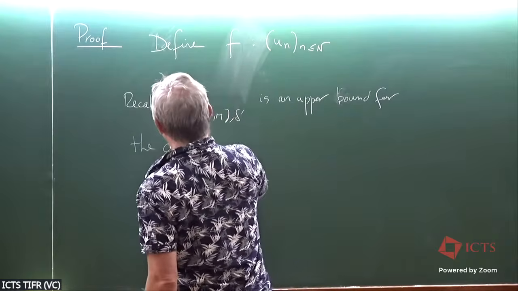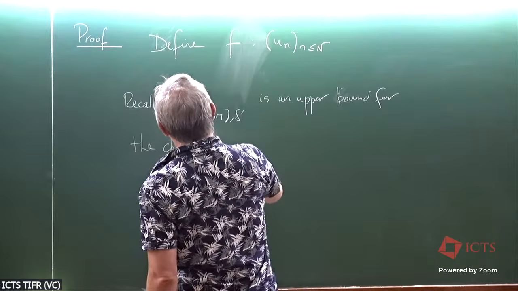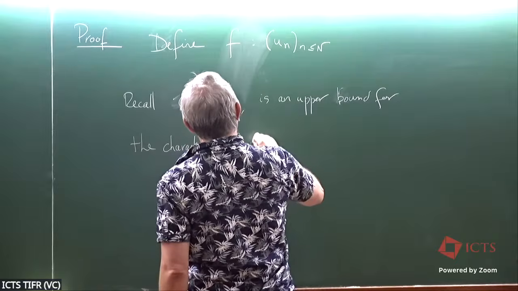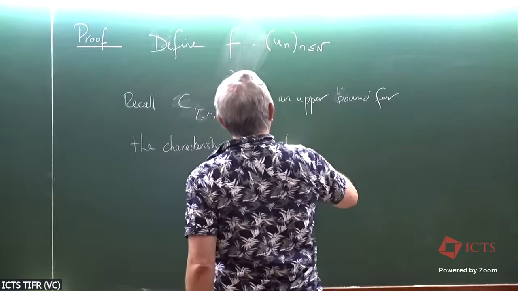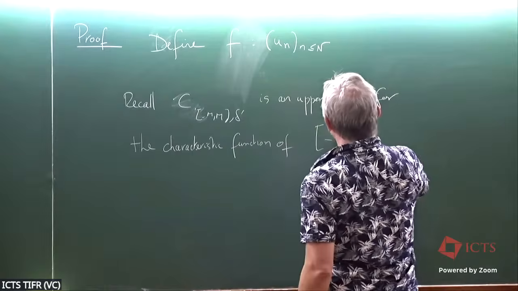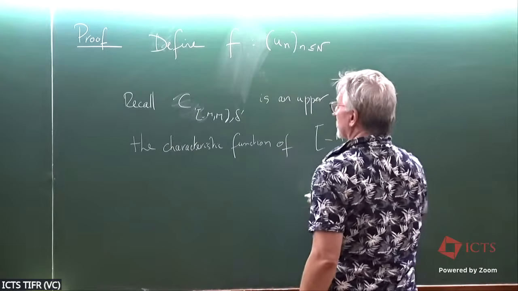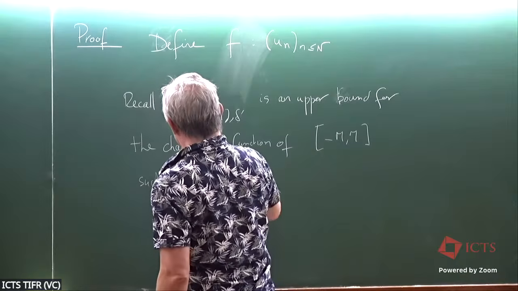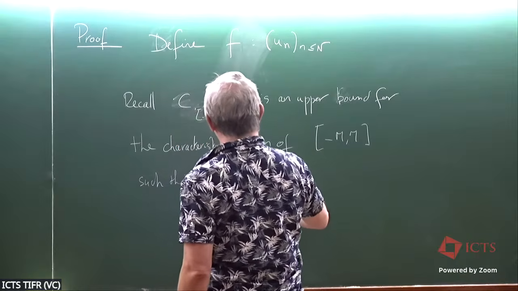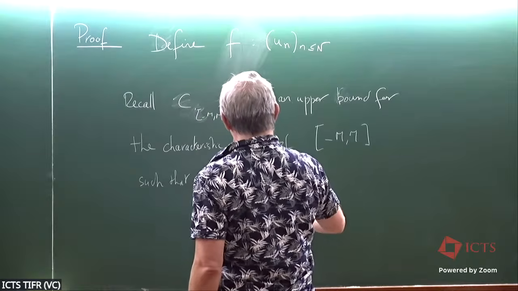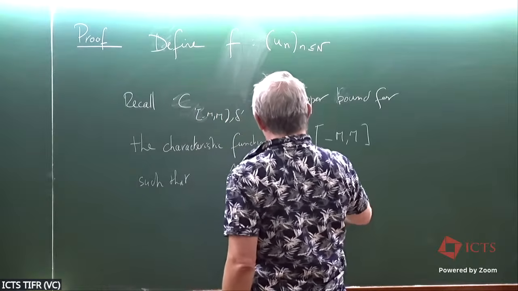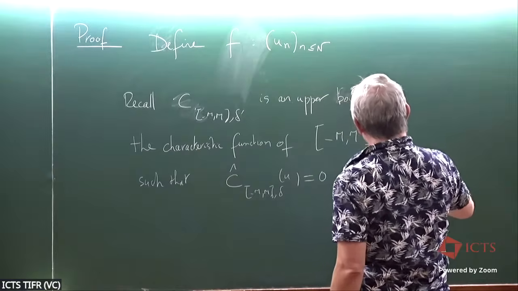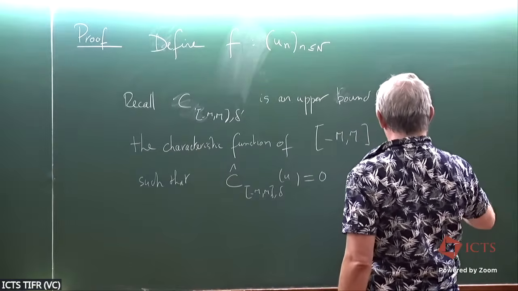For the characteristic function of the interval minus m, that is such that its Fourier transform equals 0 when u is larger than delta prime.